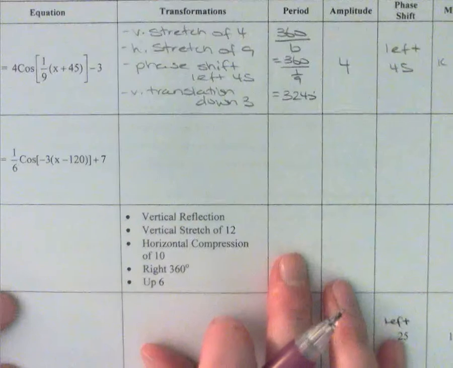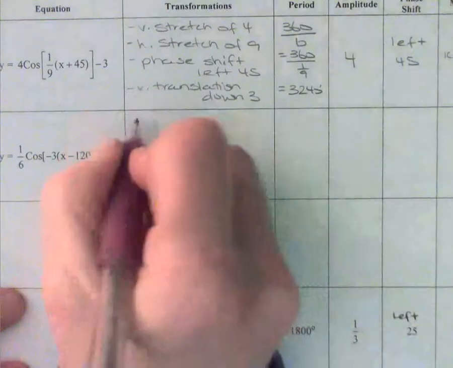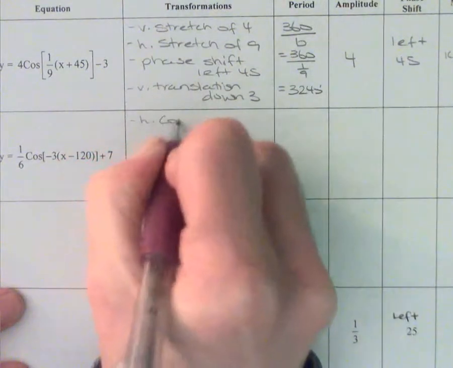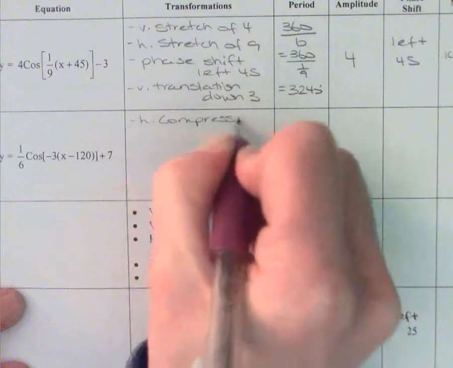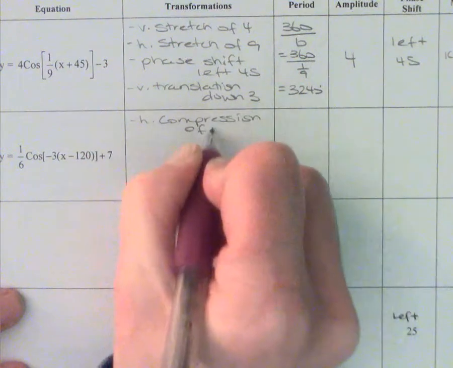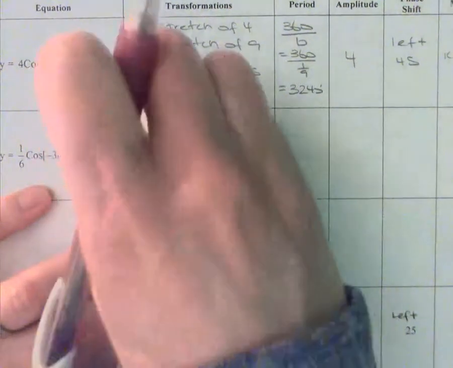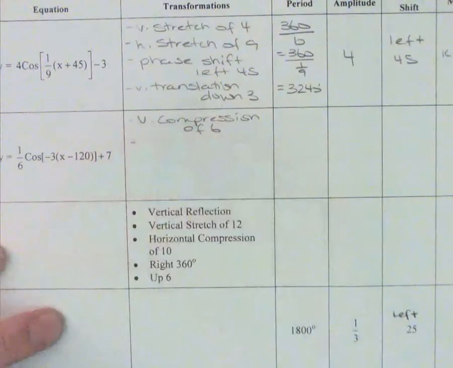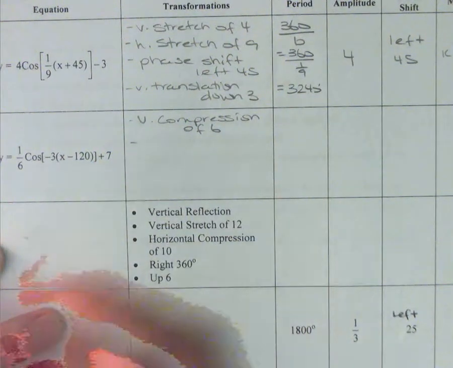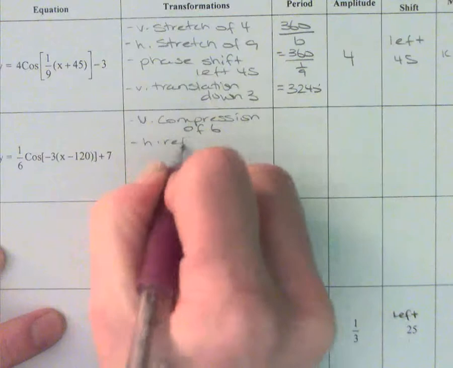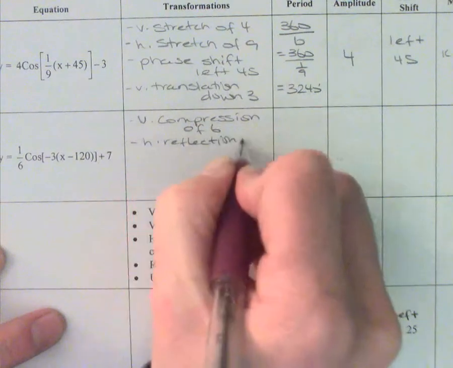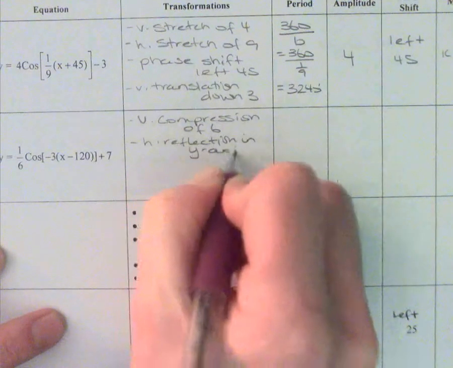Okay, if we look at our next function, we can say a horizontal compression of 6. Sorry, that's a vertical compression of 6. We can say a horizontal reflection in the y-axis.